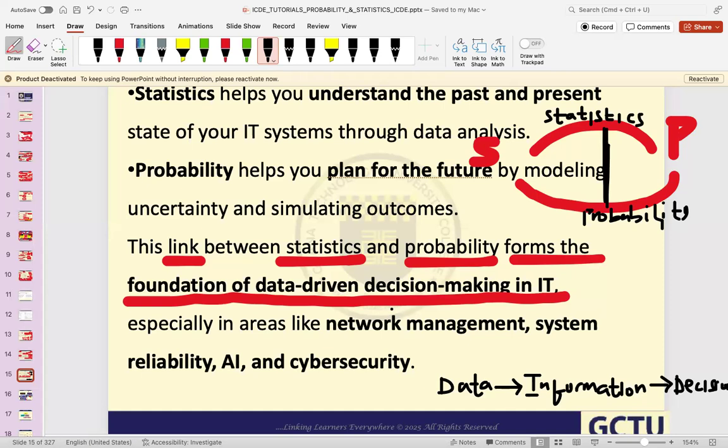And I wish in your own spare time you can read about data-driven decision making in IT. Some of the areas you can look at are network management.